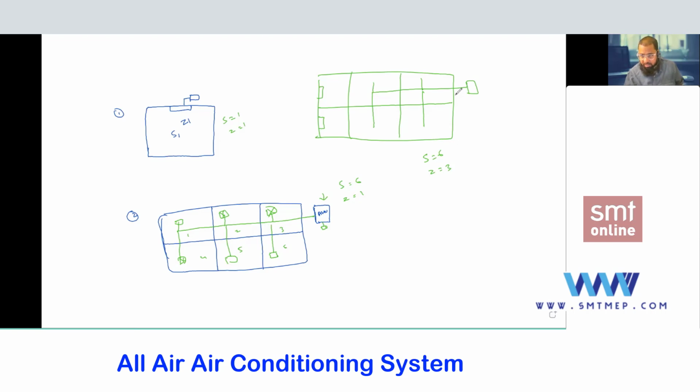So one outdoor unit is connected with multiple FCU or AHU, and each FCU or AHU has its own thermostat. So in case of a VRF system, the number of indoor units, FCU or AHU, equals the number of zones. Okay.